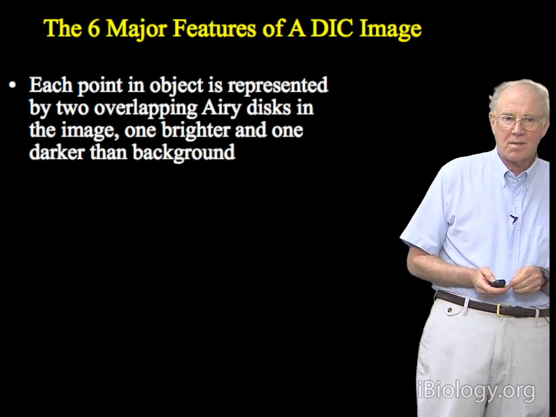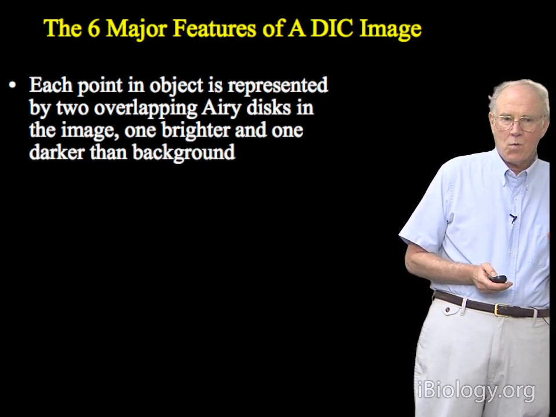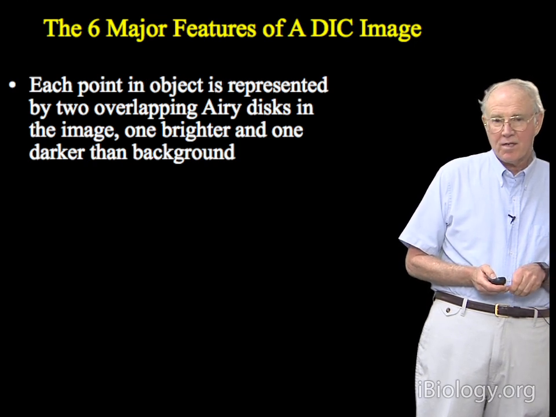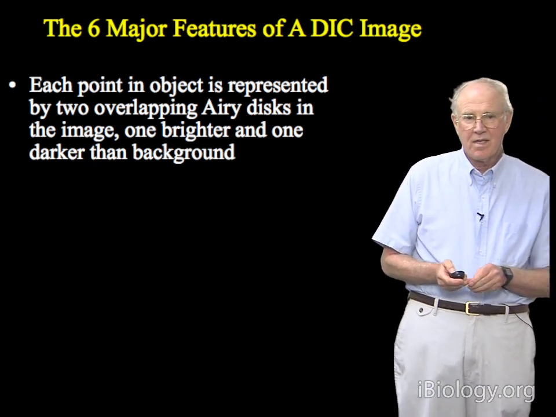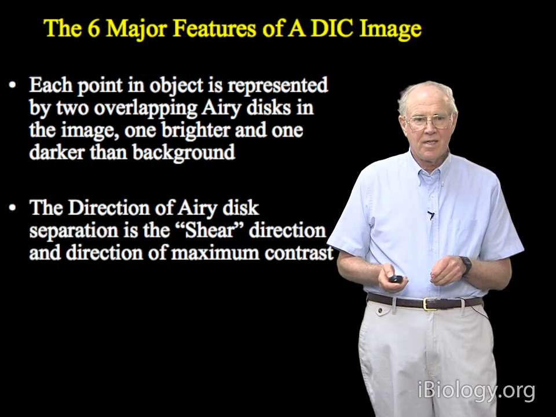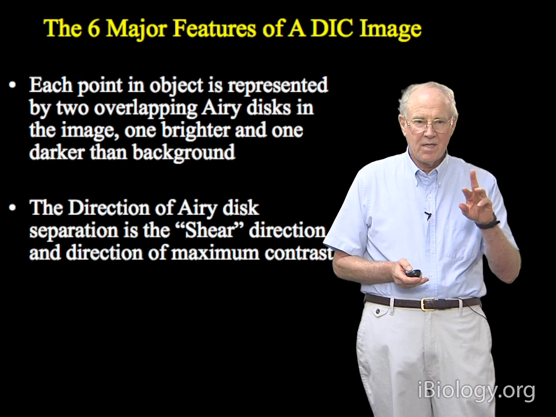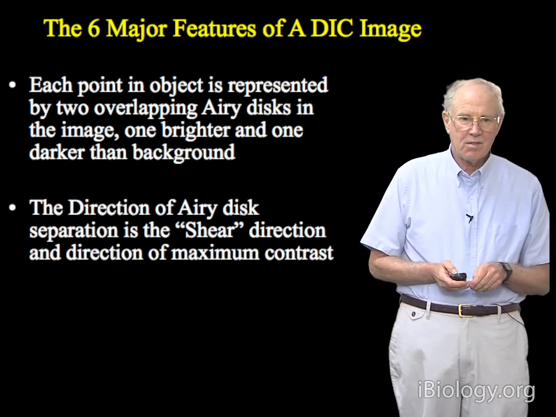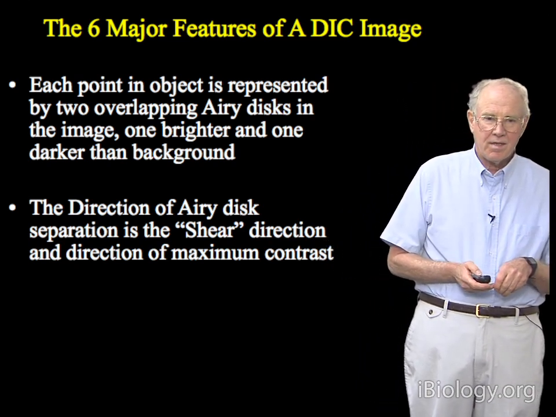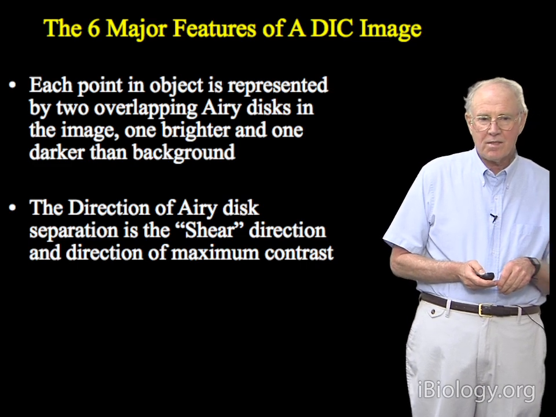Each point in the object is represented by two overlapping airy discs in the image, one brighter and one darker than the background, the way DIC is normally set up to be used. The direction of the airy disc separation, this light-dark pair, is the shear direction, and the direction of maximum contrast.